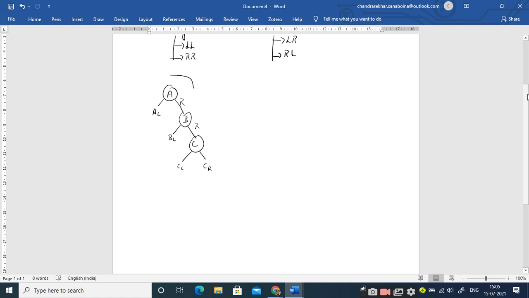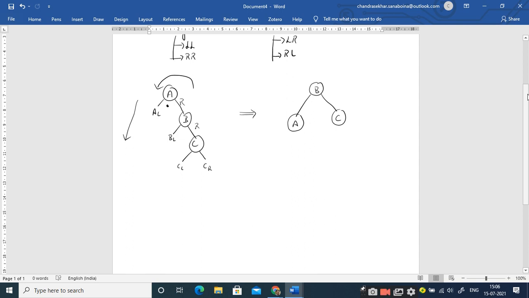Now if I apply the left rotation, what happens here? There is a hanger here and you rotate this to the left side. B goes up, A comes as the left child, and C goes as the right child of B. Up to here you are clear, right?